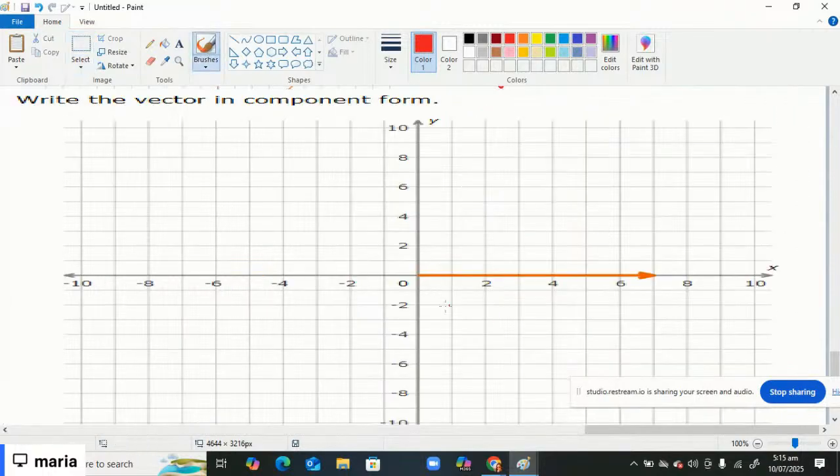Here are the 2 points. What is the initial point? That is 0 and 0, and the final point is 6 and 0.